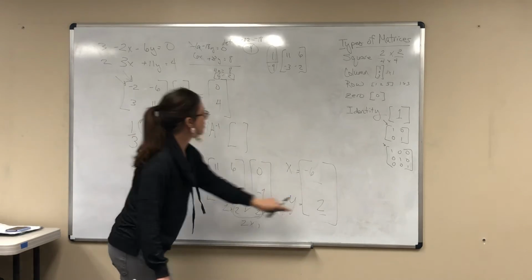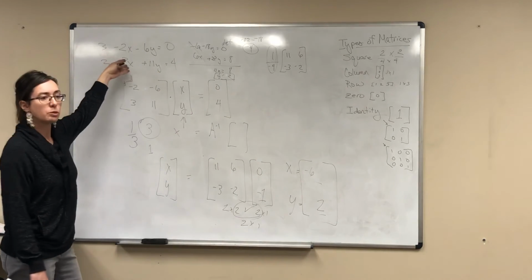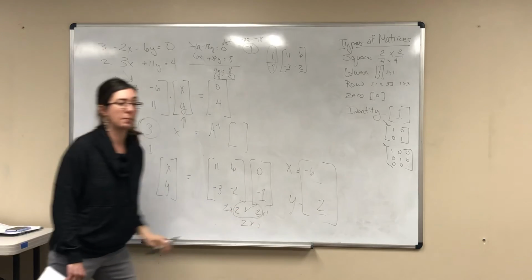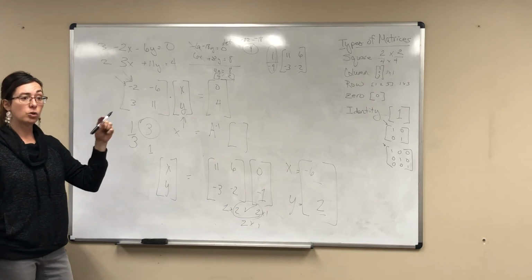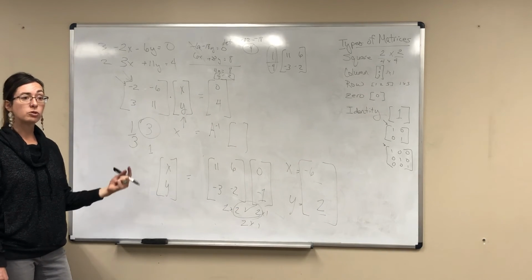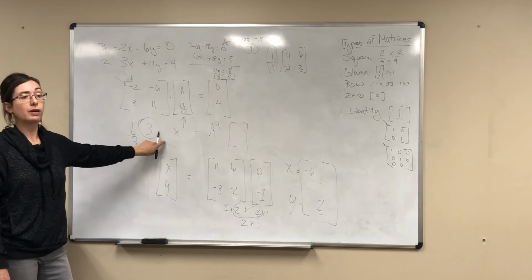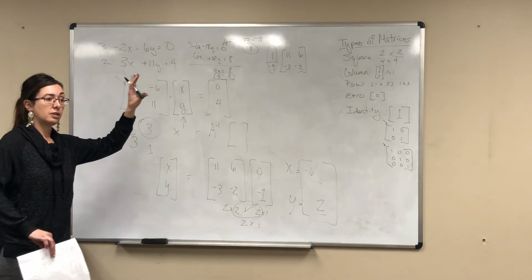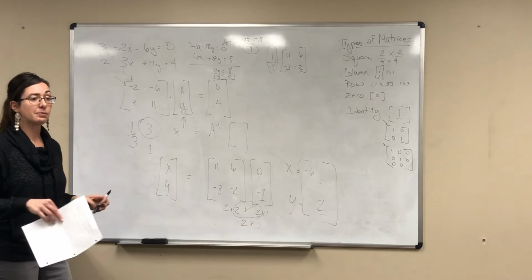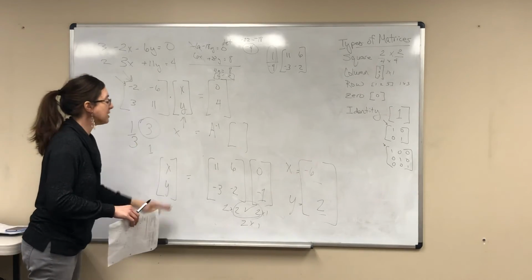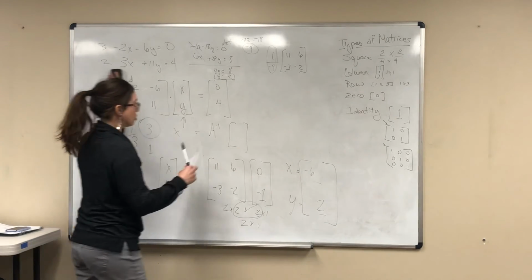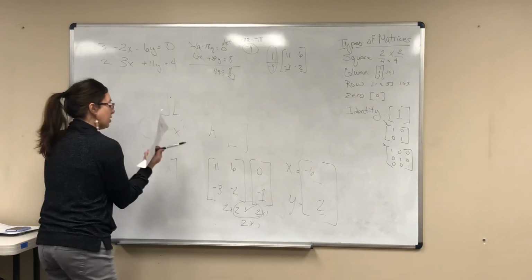Y equals 2. So in this case, this one was pretty simple to do it that way. I got the same answers. When we get to the triples, this is way faster versus solve that, mix them together. Okay, so this is why you can use a matrix to solve a system of linear equations.